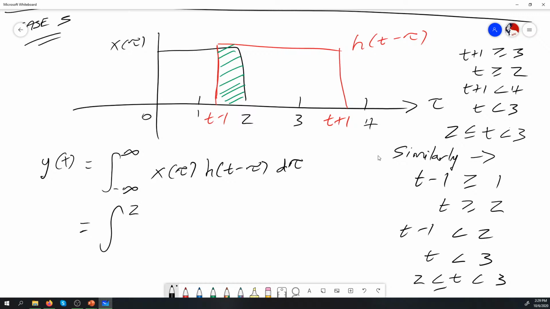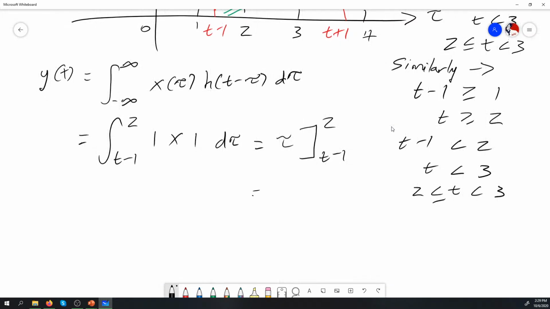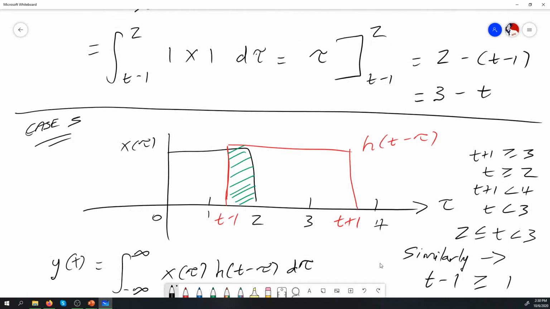So we substitute those in. x of tau was 1, h of t minus tau was 1, so we get tau evaluated between t minus 1 and 2. So we get 2 minus (t minus 1), and a result of 3 minus t, which is similar to the result that we got for case 4.